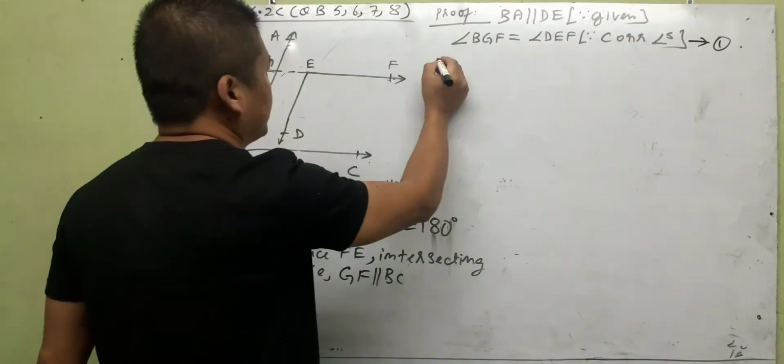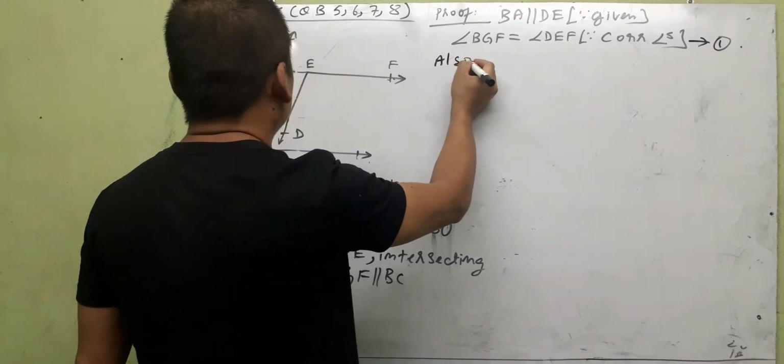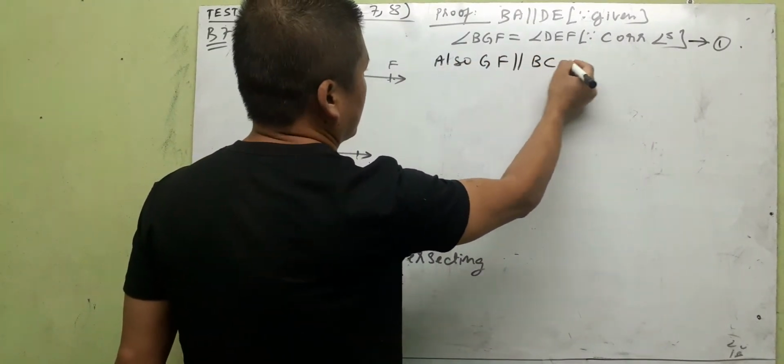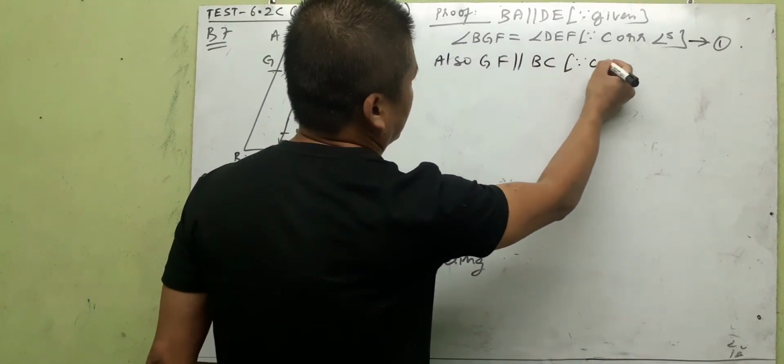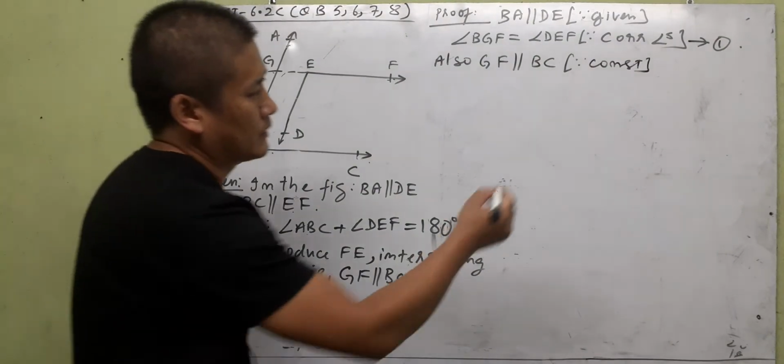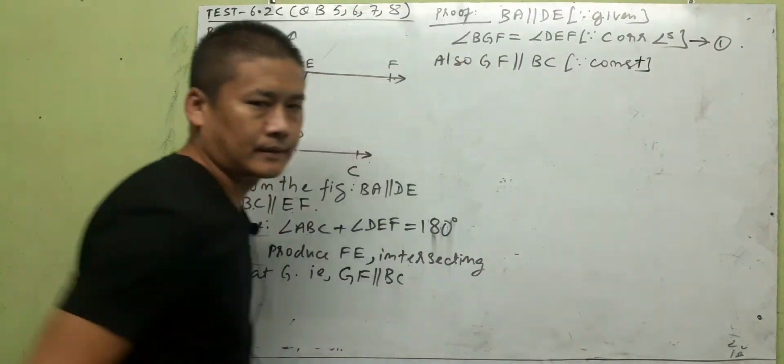Then let us write here also GF is parallel to BC, as we constructed in the construction.